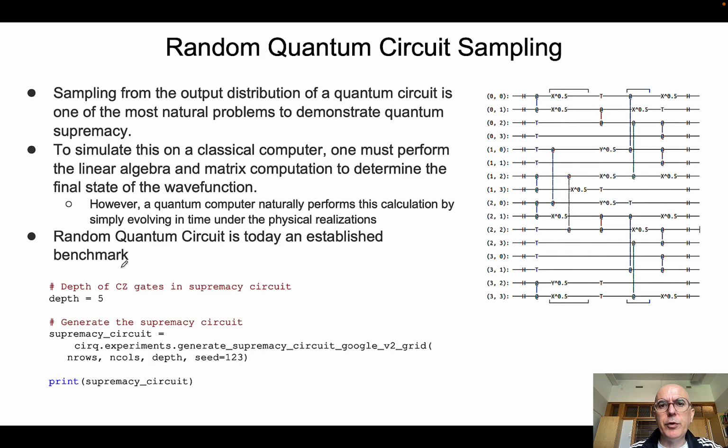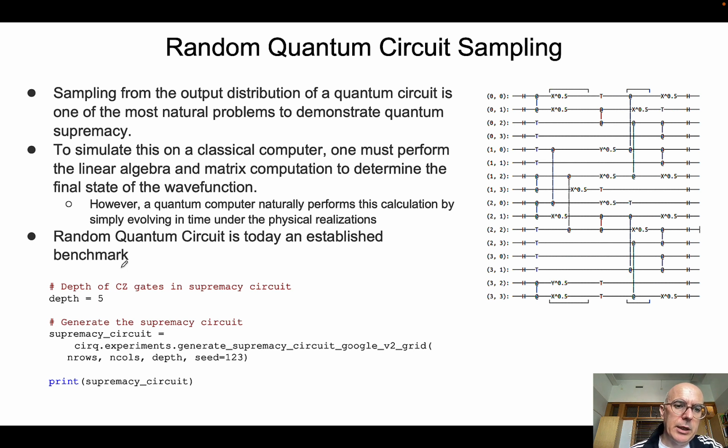I want to spend a few words about this specific benchmark called random quantum circuit sampling. Sampling from the output distribution of a quantum circuit is one of the most natural problems to demonstrate quantum supremacy. It turns out that as we increase the number of qubits, the amount of memory needed to simulate the same problem on a supercomputer scales exponentially. So we do not have enough memory in a supercomputer.